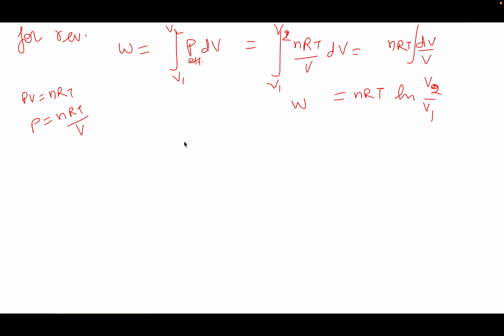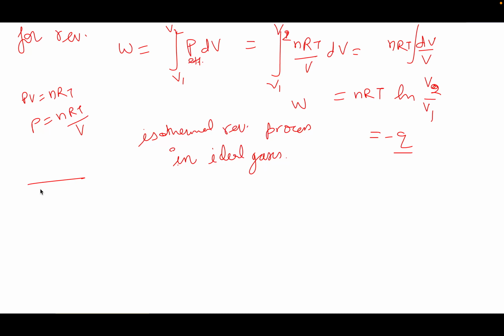This is the work done, and this is equal to minus Q for an isothermal reversible process in ideal gas.